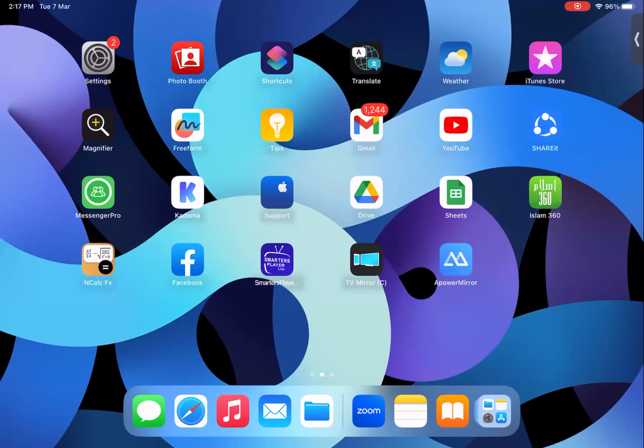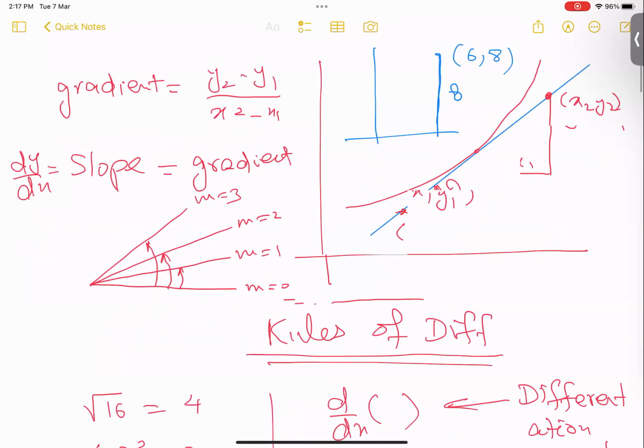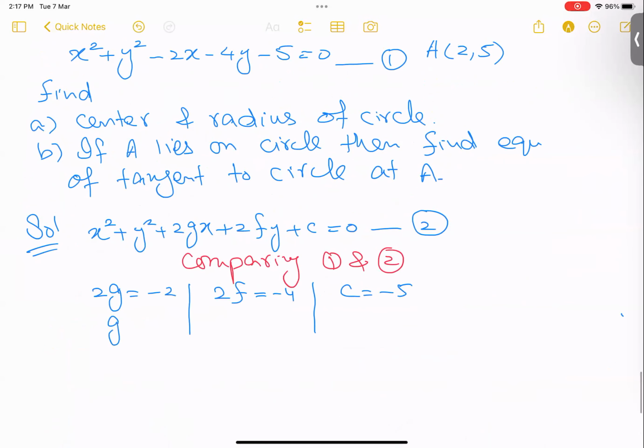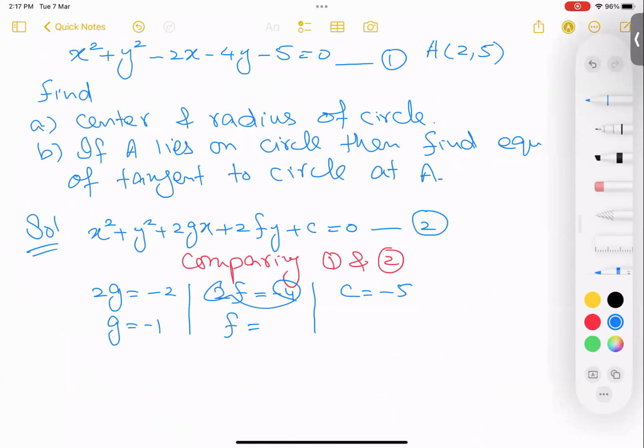Same approach: this g is equal to -1, which comes from here. All right, and let's go for the f value. This 2 will divide, and I will get the value of f, which is -2.